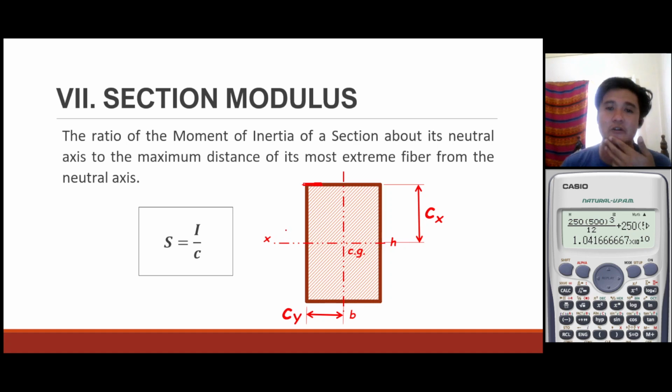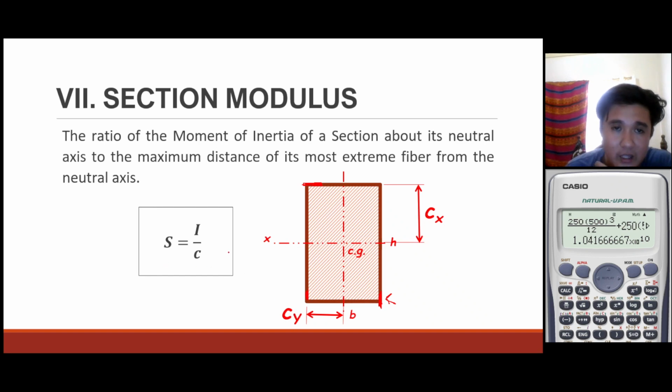At ganun din pag Cy naman yung hinahanap natin, pag yung reference axis natin ay Y. So the most extreme fiber when considering yung Y axis natin would be these points, these elements. Okay? Yung mga element na yan. Because yan yung pinakamalayo sa ating Y axis. So, yan yung magiging distance na i-consider natin when getting the section modulus.